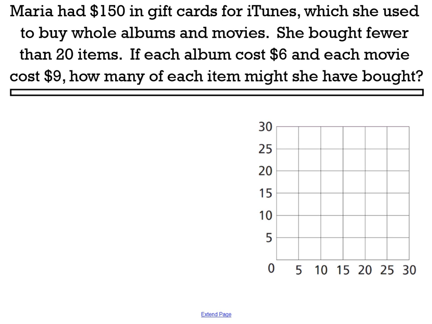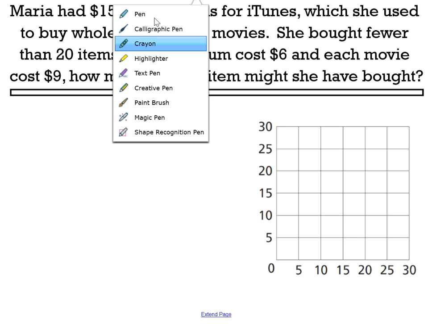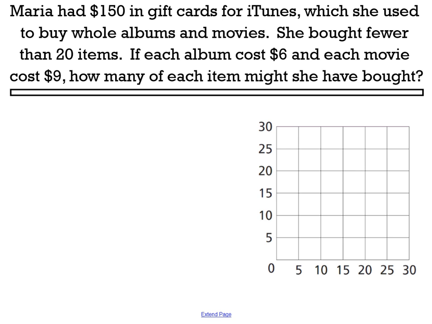So the first thing that we have to do is write our equations. So it says Maria had $150 on a gift card. She bought albums and movies. So we know that the albums plus the movies had to be less than 20 of them.